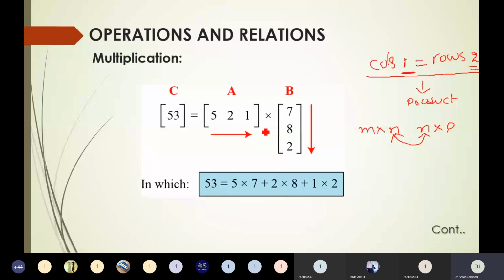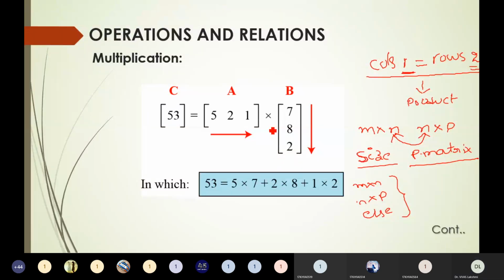So what is the size of the product matrix? Either m by n, or n by p, or something else? It is m by p. So the size of the product matrix is m by p.